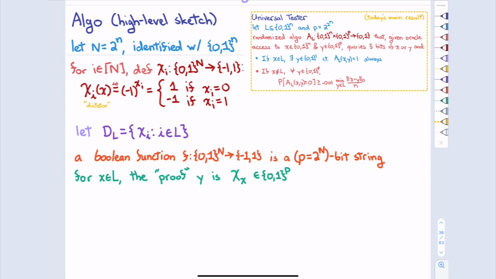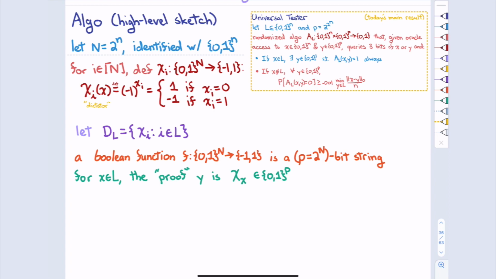Now a Boolean function, like one of those dictator functions, on capital N-bit strings, can be encoded as a 2 to the capital N bit string, because there's only 2 options for the output, and otherwise there's 2 to the capital N inputs.